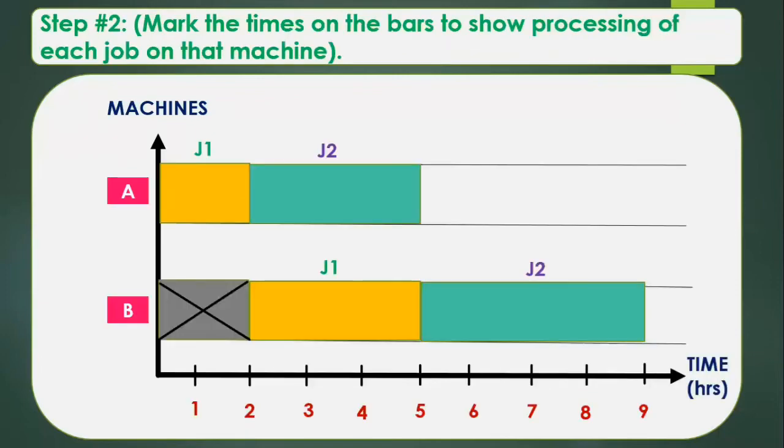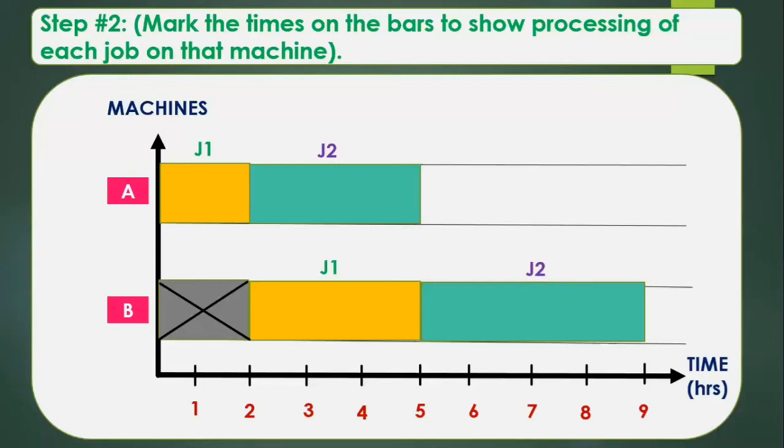So for that matter, let us focus first our attention on machine A. Based on our problem, remember that job 1 can be processed in machine A for 2 hours, and in machine B, it can be processed in, again, this is step number 2. So what we are going to do in step number 2, we need to mark the times on the bars to show the processing of each job on that machine.